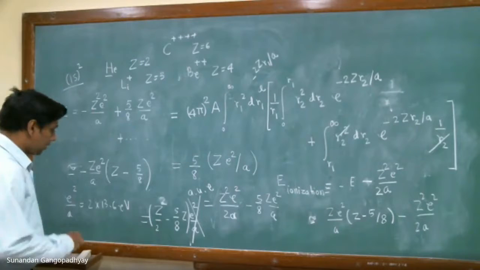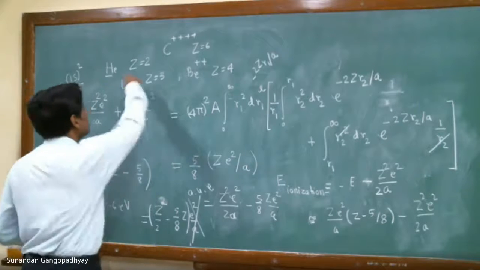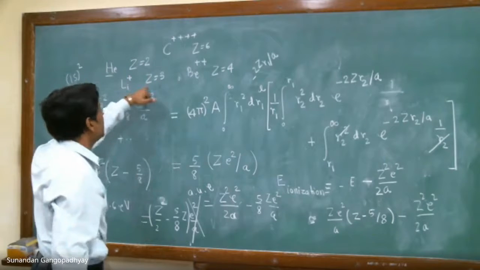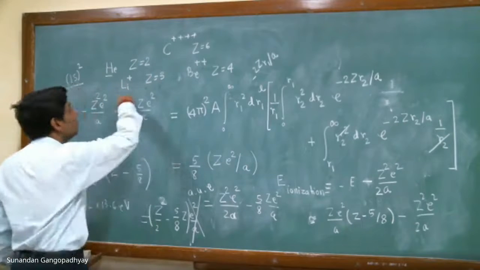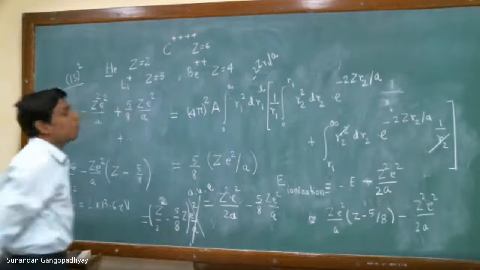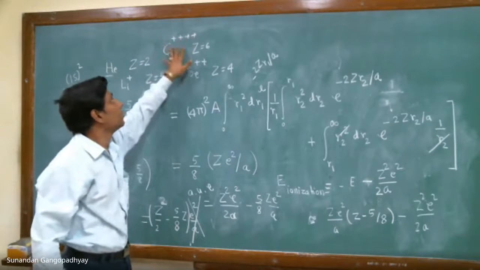And now you can calculate this theoretically for all these systems. For helium atom, Z is equal to 2; then singly ionized lithium, doubly ionized beryllium, and then 4 electrons are gone, so this is carbon.